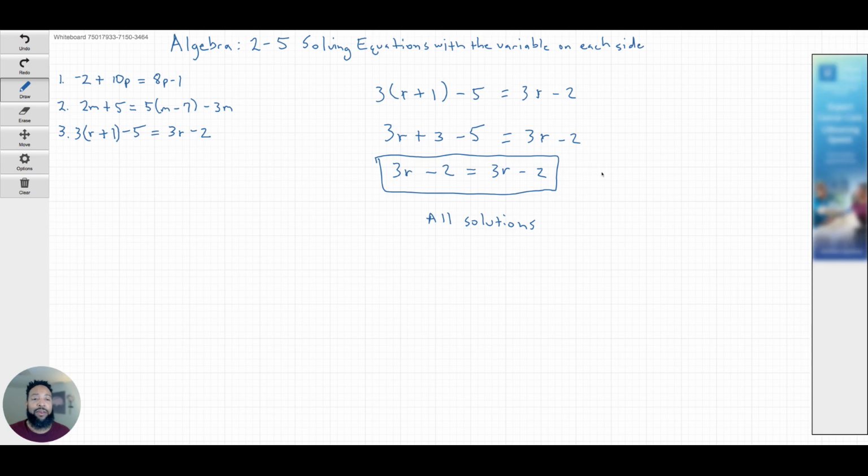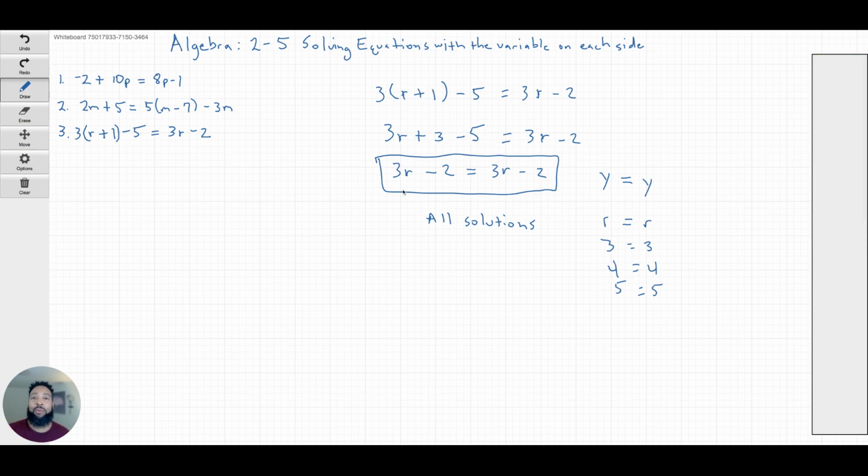It's no different than saying y equals y or r equals r. 3r minus 2 equals 3r minus 2. If I put a 3 in on this side and a 3 in on that side, 3 equals 3. If I do 4 and 4, 4 equals 4. If I do 5 and 5, 5 equals 5. So whenever you see a problem like this, this means all solutions work.